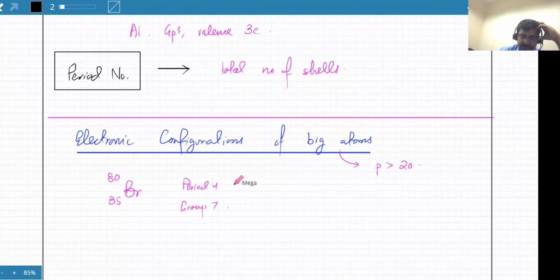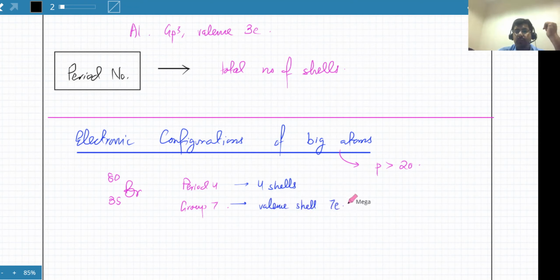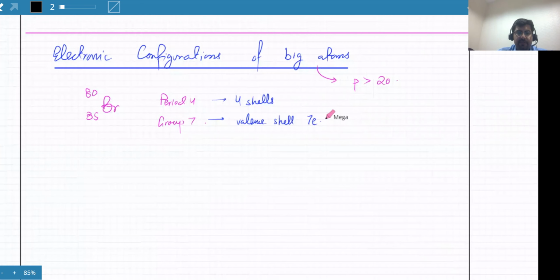Now period 4 means that it has 4 shells, and group 7 means that the outer shell, or the valence shell, has 7 electrons. So these are the two very important pieces of information.